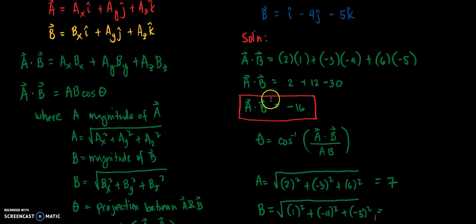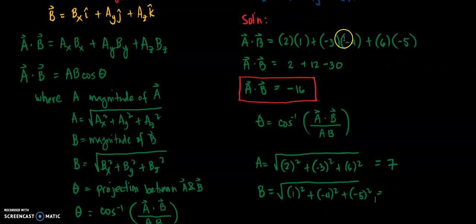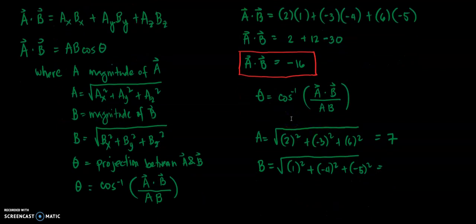Let's check: 1, negative 4, negative 5. So 1 squared is 1, plus 4 squared is 16, then negative 5 squared is 25, so that is the square root of 42. Right, 42.